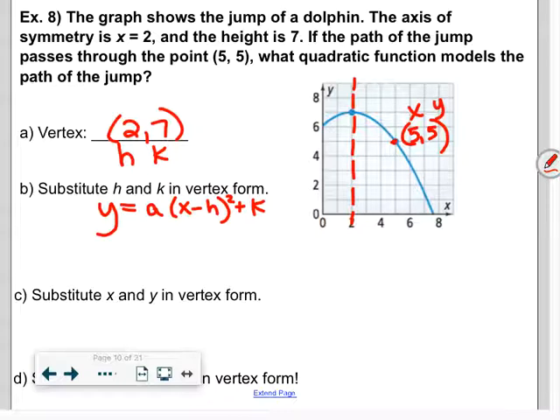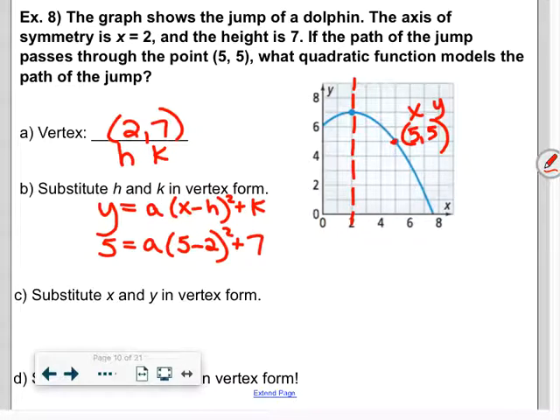So guess what? I know h, k, x, and y. What's the only letter missing then? A. If I know a and h, k, I can write the equation. So here we go. y is 5, x is 5, h is 2, and k is 7.